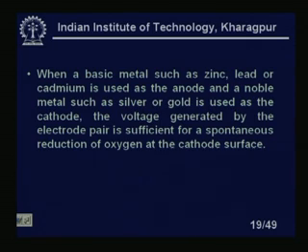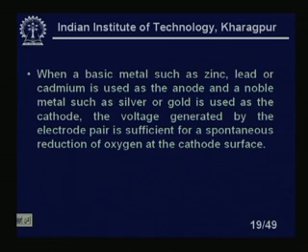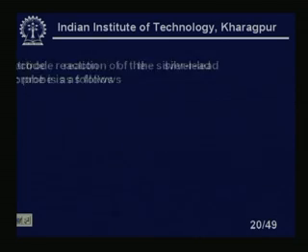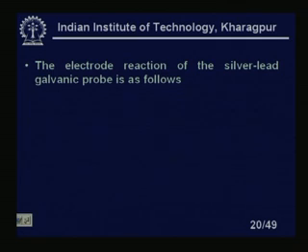In IIT Kharagpur, in our bioprocess instrumentation laboratory, we have developed a DO sensor which is giving quite good response, where we are using lead as the anode and silver as the cathode. The electrode reactions of the silver-lead galvanic probe are as follows.